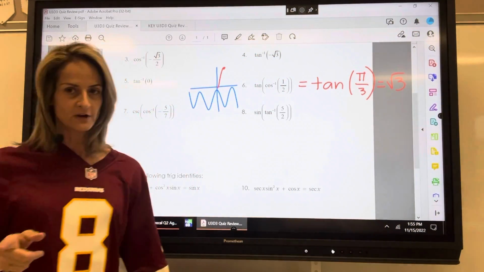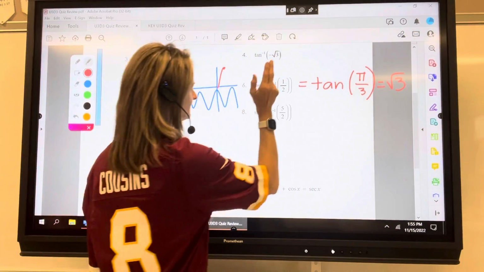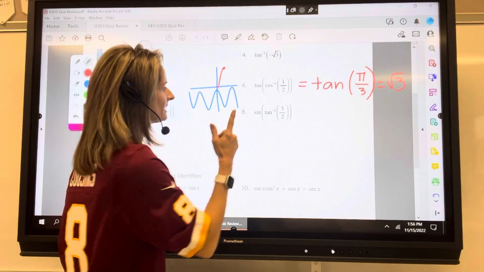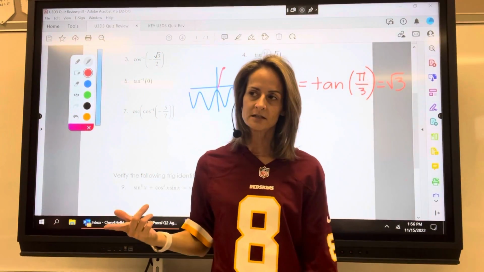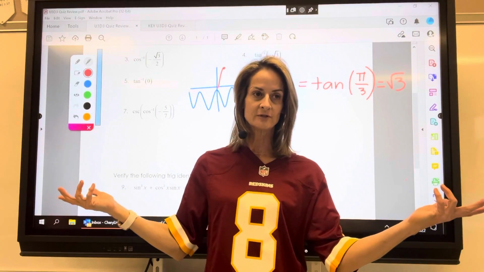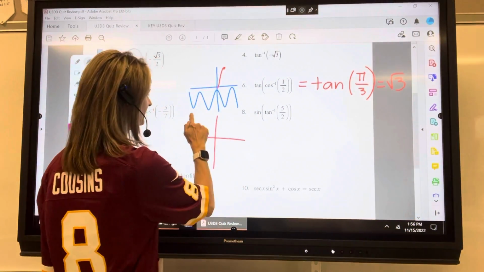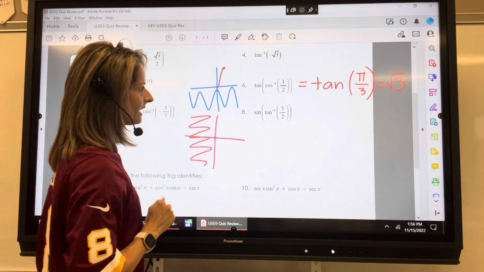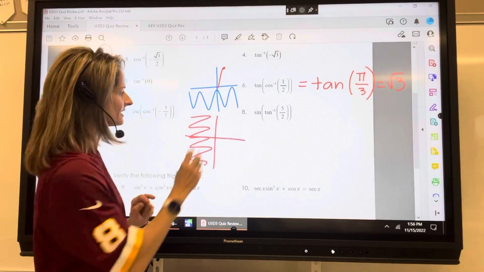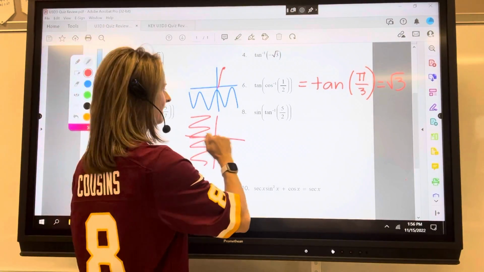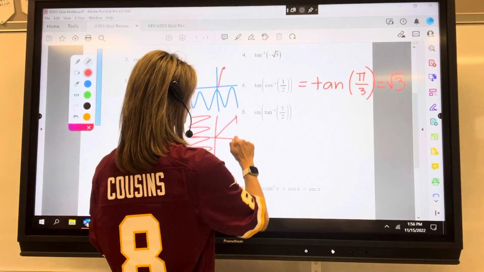Number 8 is different because when we did number 6, the inverse cosine of 1/2 is actually on the unit circle. The inverse tangent of 5/2 is not on the unit circle. So we're just going to have to draw ourselves a triangle. We start the same way. We restrict the range: where is the tangent positive? It's going to be in quadrant 1 or quadrant 4. So I'll draw myself a triangle.